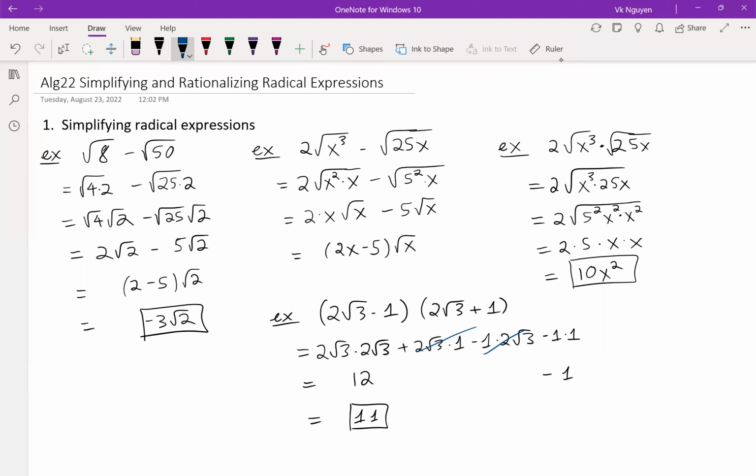Notice that you can do this another way, because 2 root 3 minus 1 is a minus b, right? 2 root 3 plus 1, a plus b.